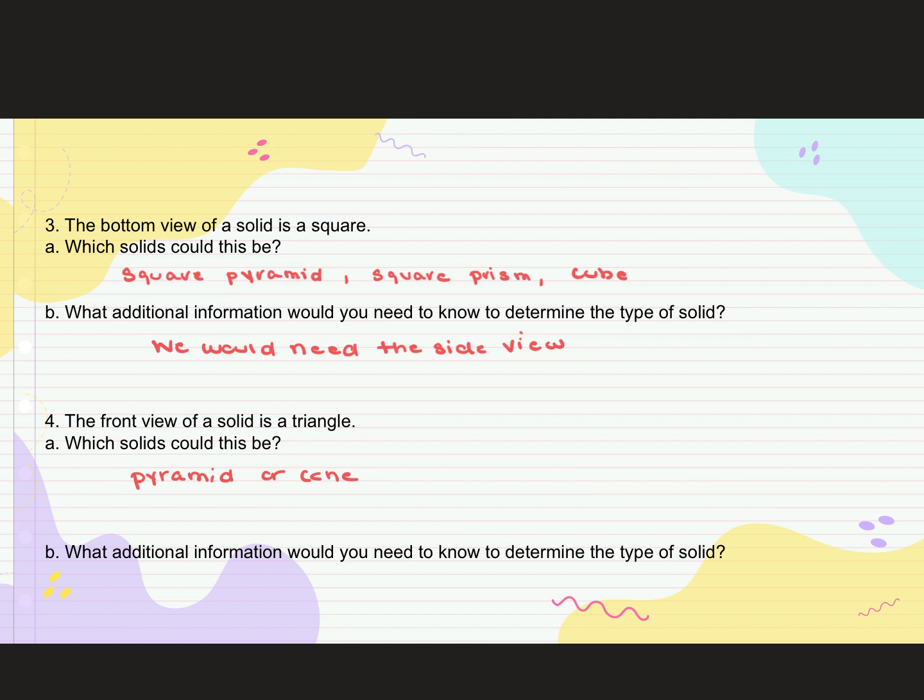All right, to determine which of these we would need to know the bottom view in order to determine whether it's a pyramid or a cone.